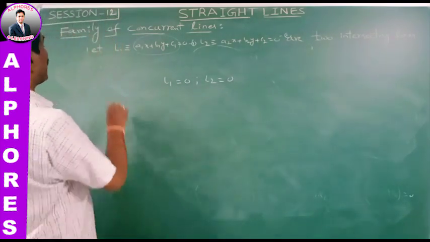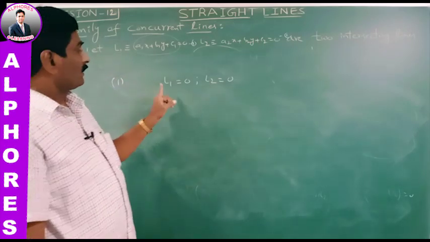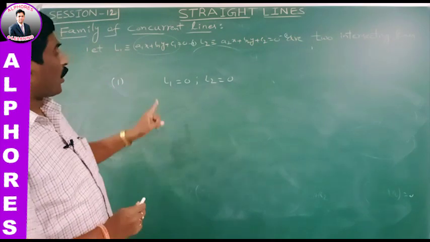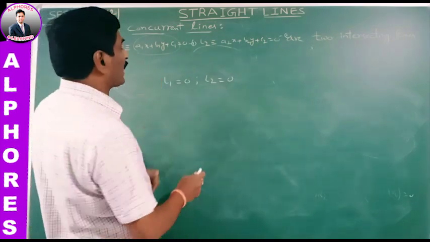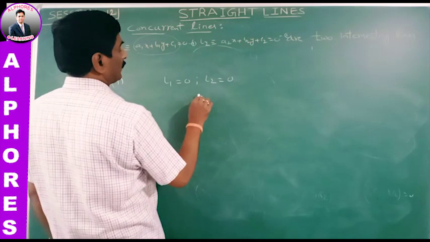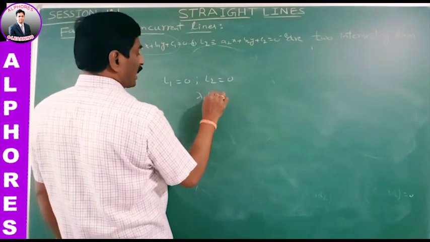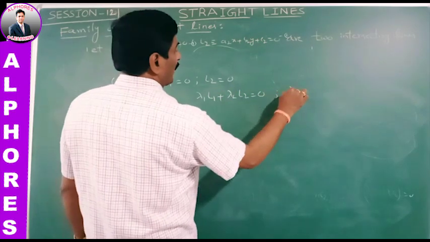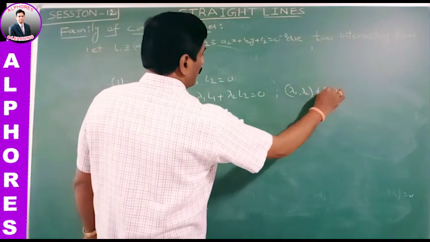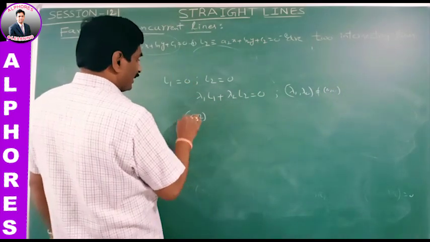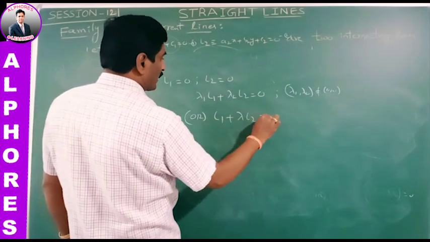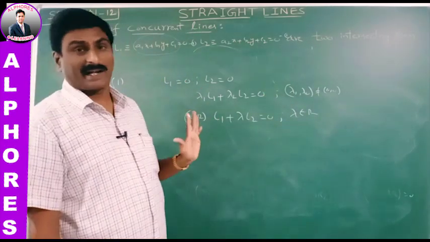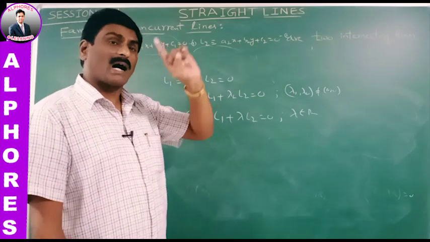Then the equation of any line passing through the point of intersection of the lines L1 is equal to 0, L2 is equal to 0 is in the form of lambda 1 L1 plus lambda 2 L2 is equal to 0, where lambda 1 comma lambda 2 not equal to 0 comma 0, or L1 plus lambda L2 is equal to 0, where lambda belongs to R. In both cases, we get a family of concurrent lines. All these lines pass through the common point P.